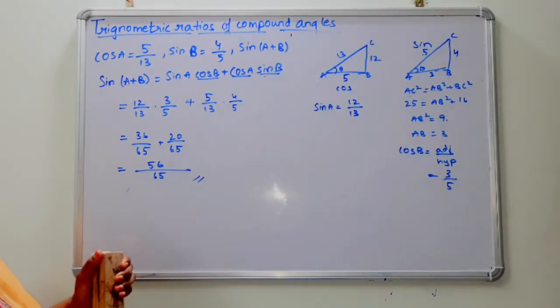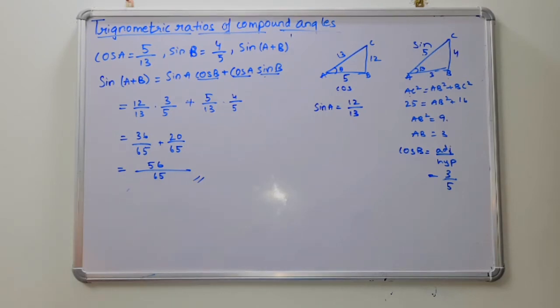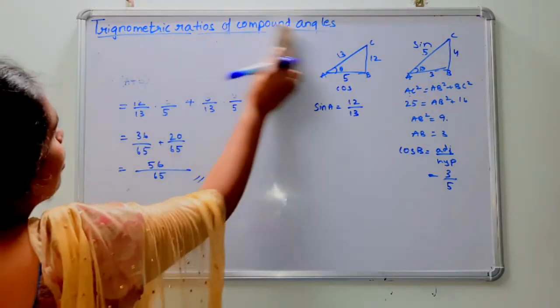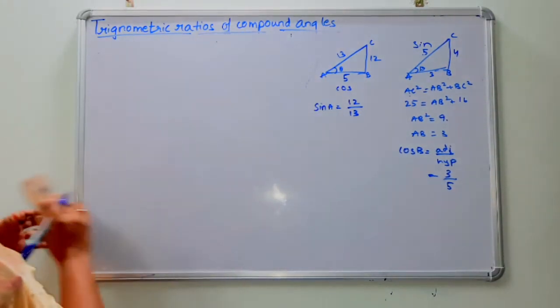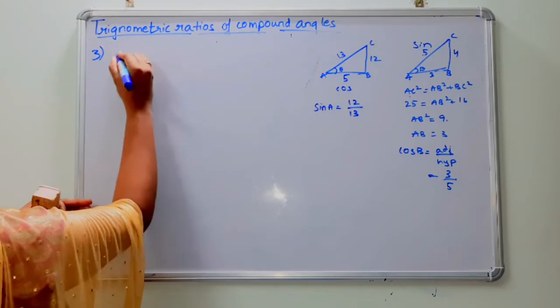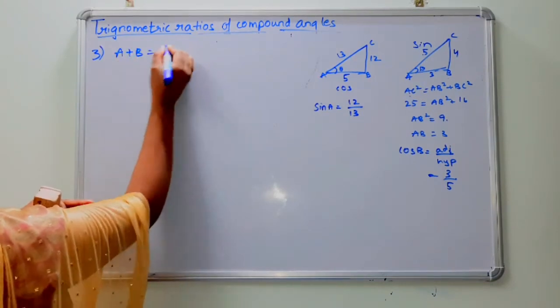Let's get into another problem. Here, a plus b is equal to pi by 4.